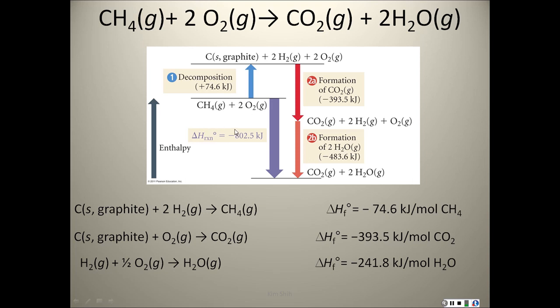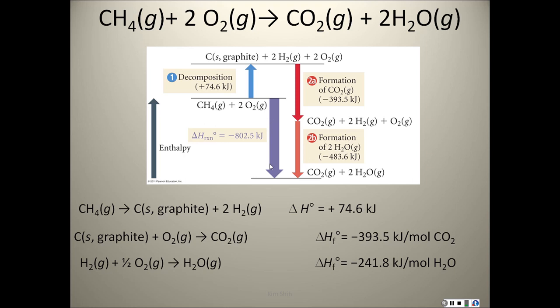Well, it's combustion, so we should know that anyway. But it's exothermic, meaning here are your reactants, here are your products. Okay? So to get from here to here, there's a net negative 802.5 kilojoules.